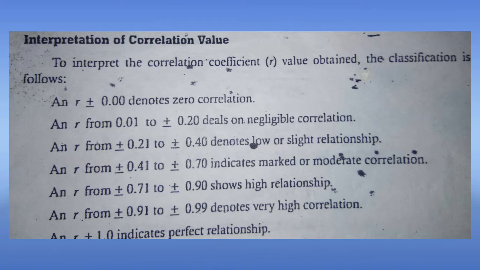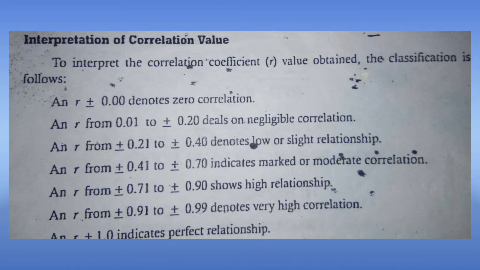An r, or the correlation coefficient, from 0.01 to plus or minus 0.20 deals with negligible correlation. When we say negligible, it means insignificant correlation. Next is an r from plus or minus 0.21 to plus or minus 0.40.